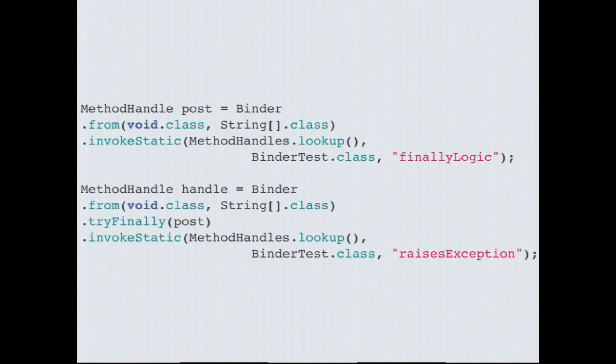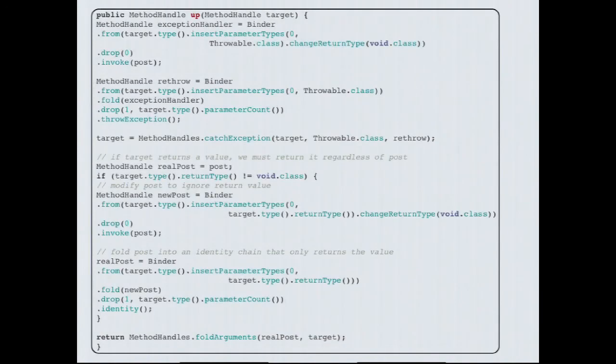With invoke binder, since this is a built-in feature that we have as part of building, all you do is say, from this signature, wrap it in a try finally with this post logic, and then do whatever your target call is, or do whatever other transformations you're going to do. So this is actually not part of the standard method handle API, and translates to something much more like this.